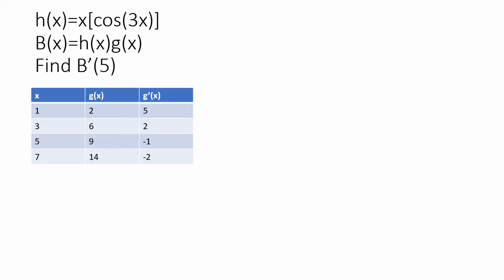Let's try one more. So again, I'm working with the same table of my g of x values. I have the same equation h of x, but this time I'm defining a function b of x as h of x times g of x. So as you can tell, I'm back to the product rule.